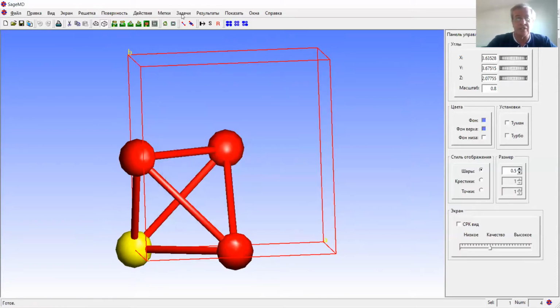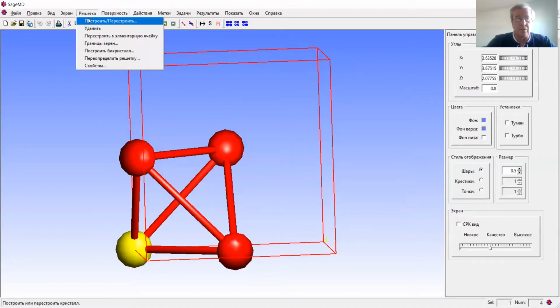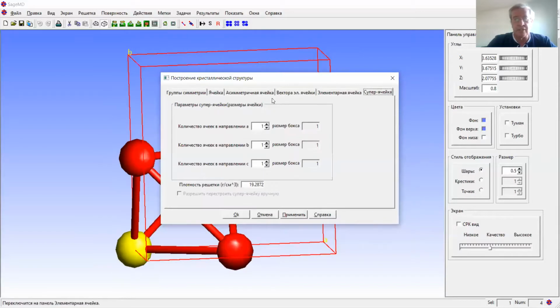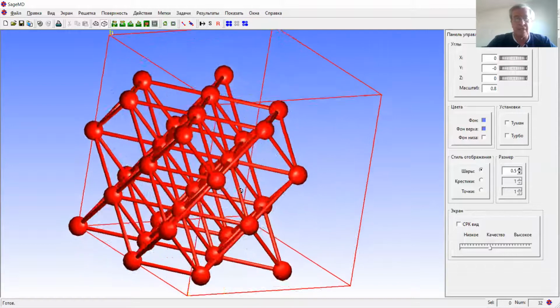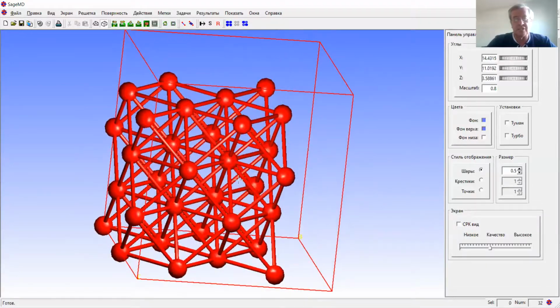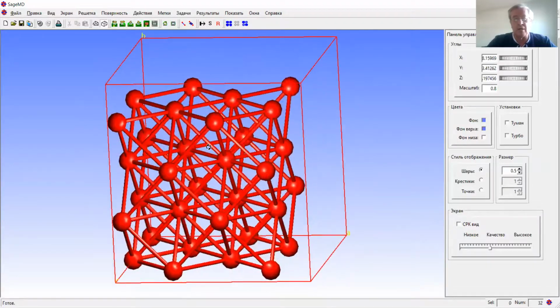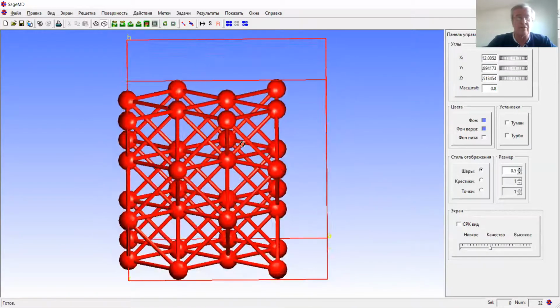So in order to see the coordinations, we go and increase the unit cell by adding one more unit cell on each axis. Then we'll examine it, and we can see that each gold atom has 12 neighbors.